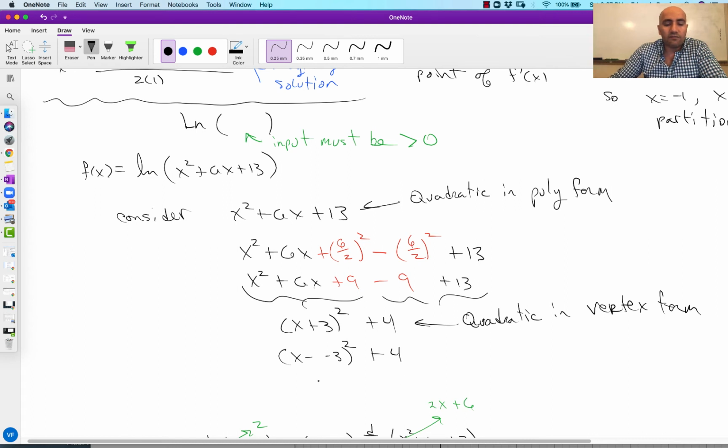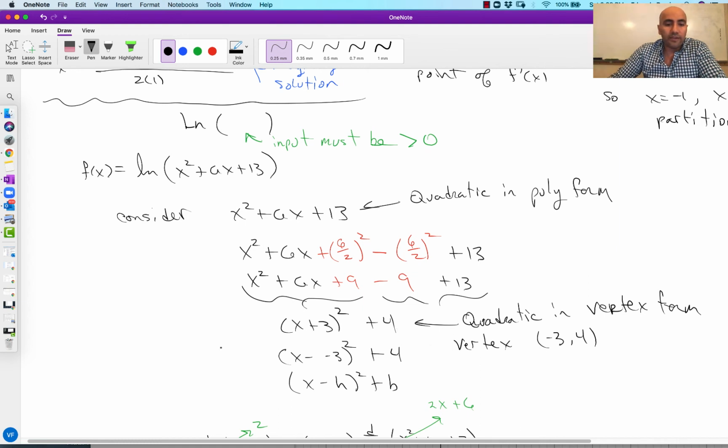So this fits the form x minus h, squared, plus k, where h comma k is the vertex. Just by looking at this equation, I know that the vertex is going to be at the point -3, 4. It's positive out in front, so I know it opens up, and it's being raised up by 4 units.